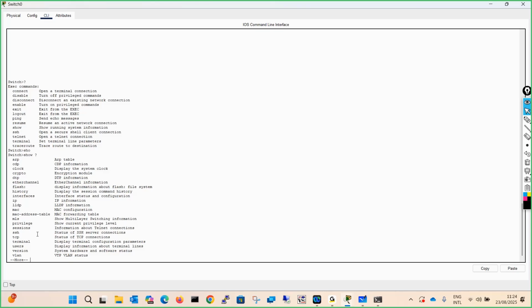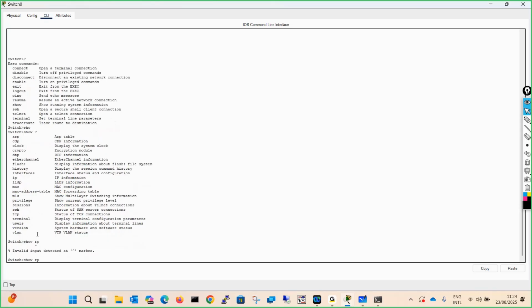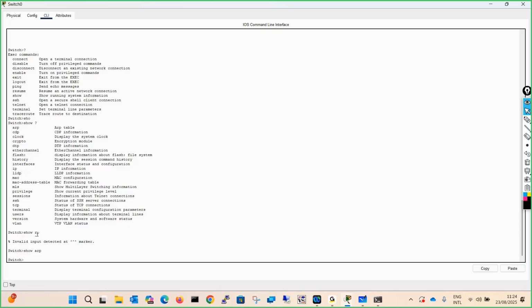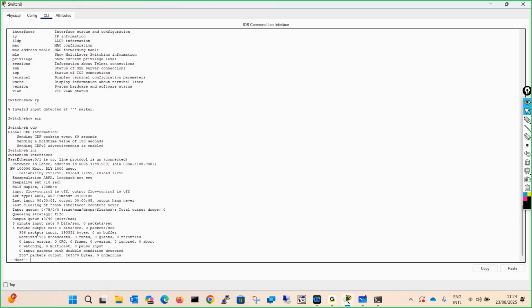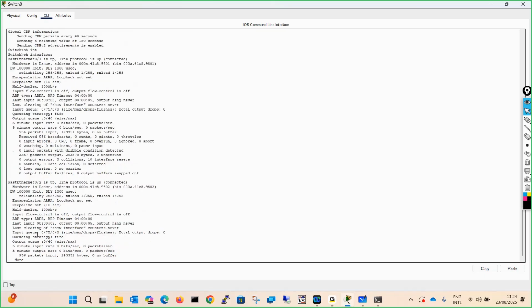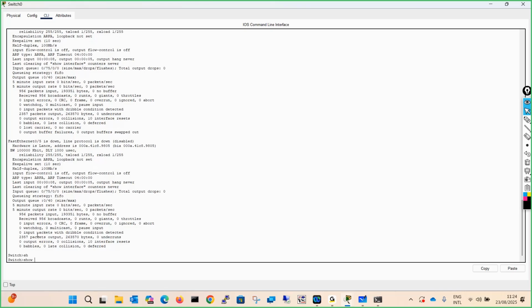You can check the CDP information, clock. Show arp, it will give the ARP details if available with the switch. If you give show cdp, it will give you the CDP details. Show interfaces, it will give you all the interface details. Similarly, you can see how many commands are working.